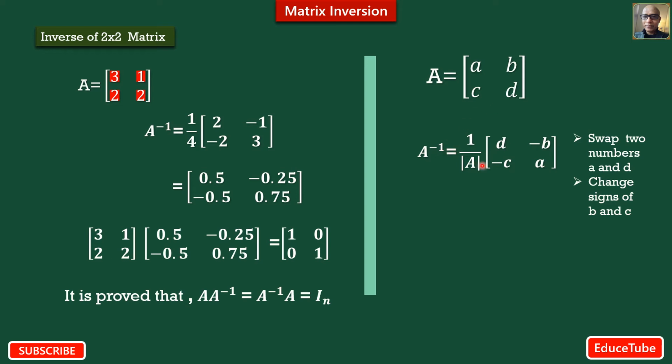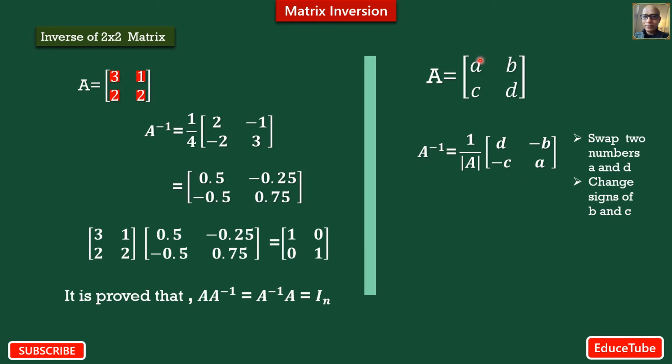To bring it to this shape, with D, minus B, minus C, A, there is a different procedure, but it is a long process. So I am not going to do that.